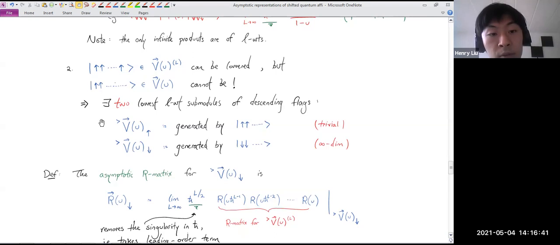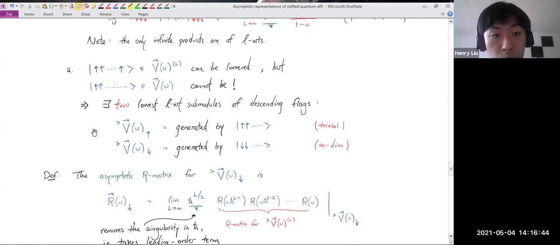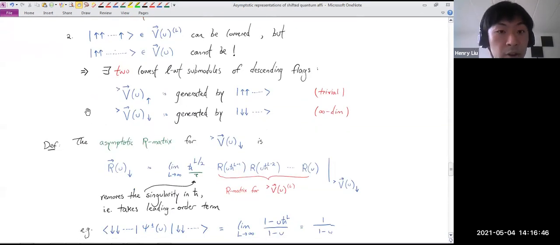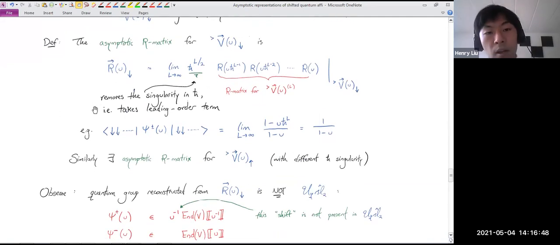Okay, so now let's turn back to the singularities in the R matrix. What we want to do is still end up with some well-defined R matrix, which hopefully satisfies the Yang-Baxter equation and all the properties you want in an R matrix.